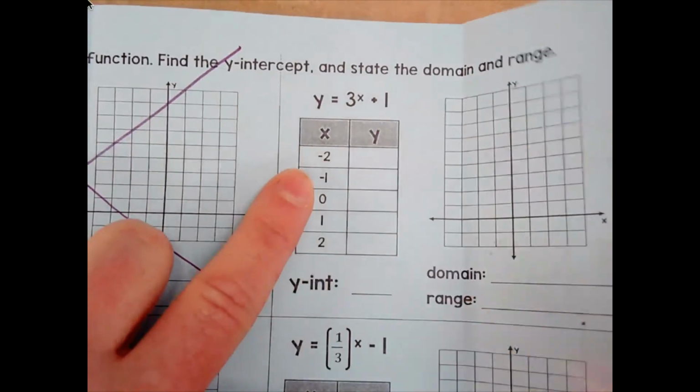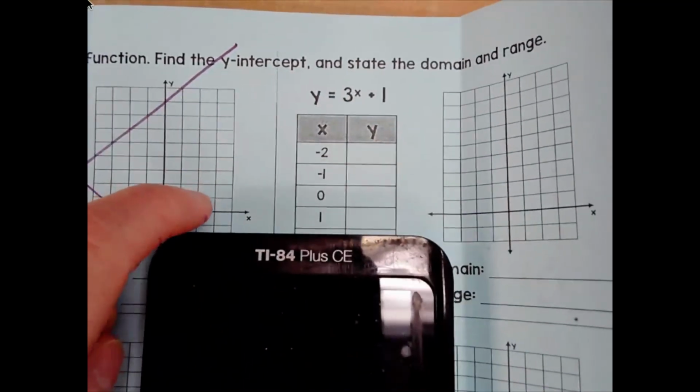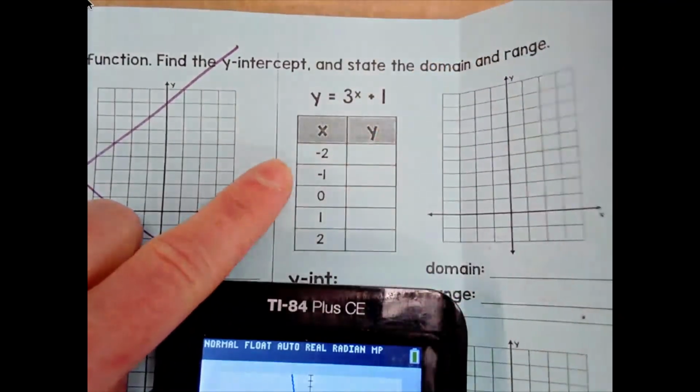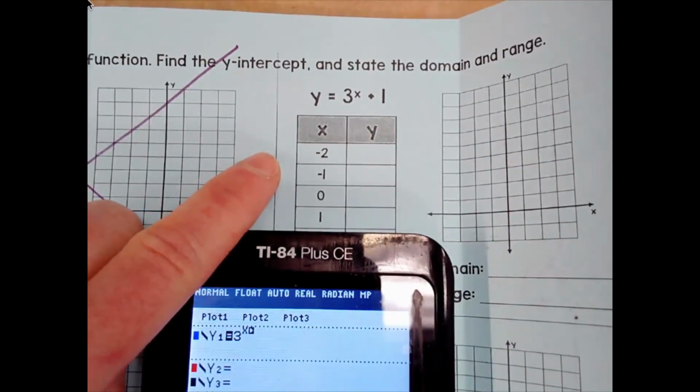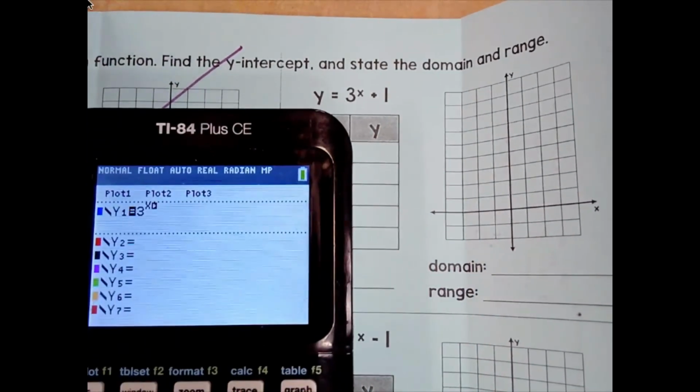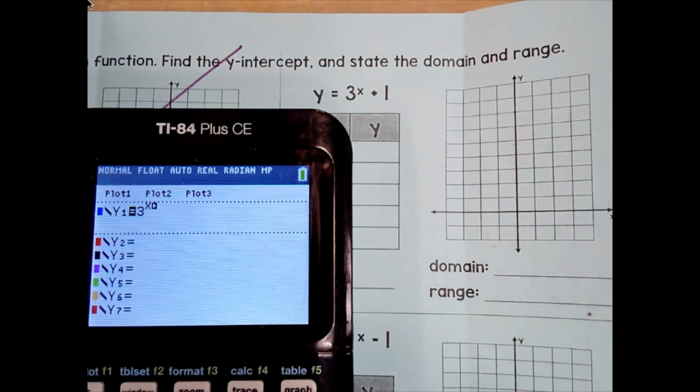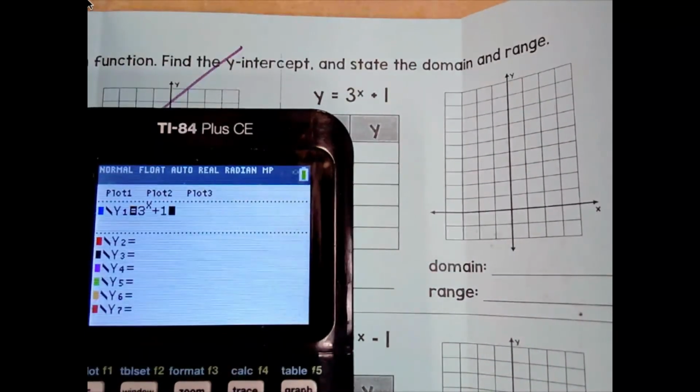So let's go ahead and, well, we can just use our calculator. So 3 raised to the x, and then get out from that exponent. Everybody put this in the calculator. Plus 1.